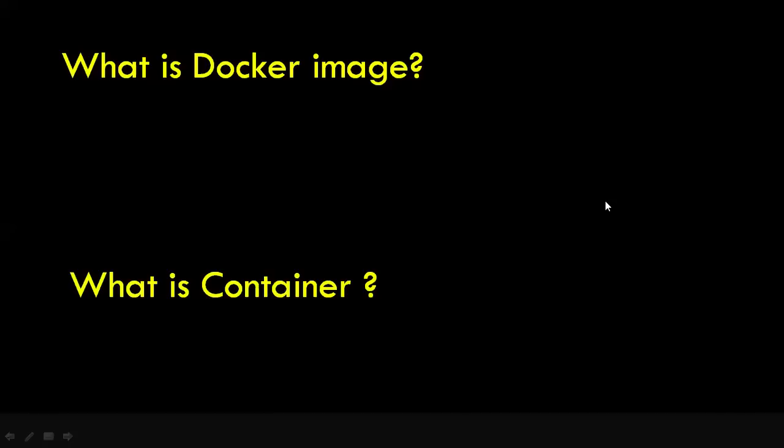How many of you are data scientists here? What is the difference between a Docker image and a Docker container? Think of images and containers like building a house, guys. This is like your house blueprint.